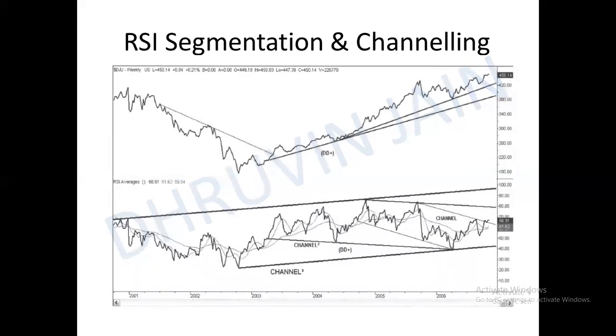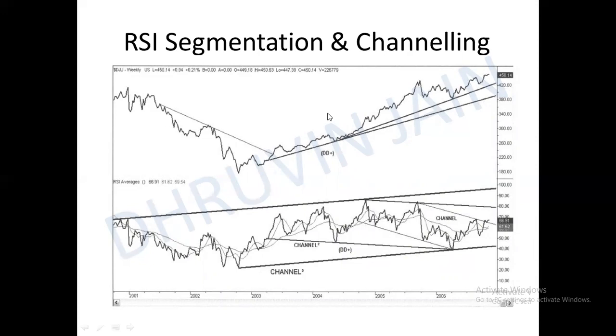So in here too, we can see that the RSI is making a descending channel. The descending channel is occurring inside this bigger, broader channel of ascending channel, which is channel 3. And channel 2 is also a descending channel, made of a DD plus, a longer structure.